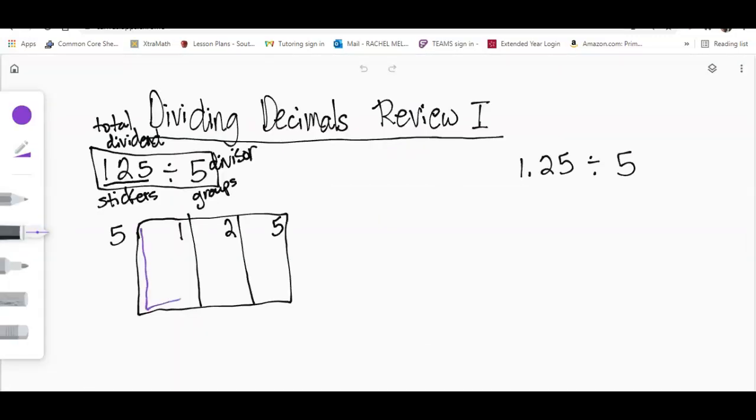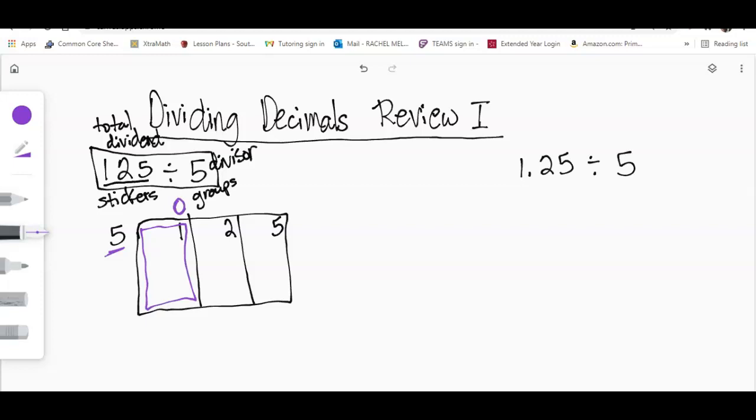So we're looking at this column right now. We don't care about these other two. We only care about the first column. So what this tells me is that I have one sticker. Well, if I only have one sticker, can I make a group of 5? No. So I have to say that with a 0 up here.